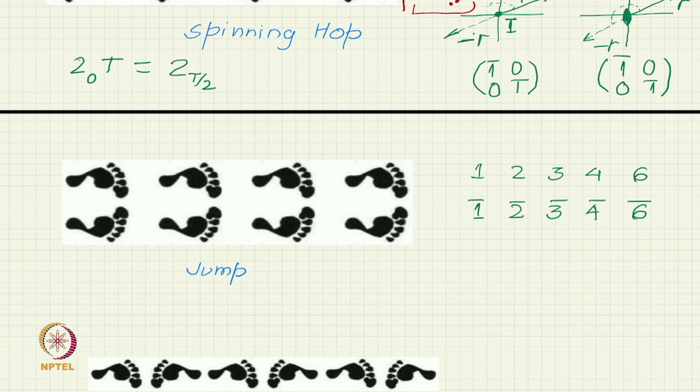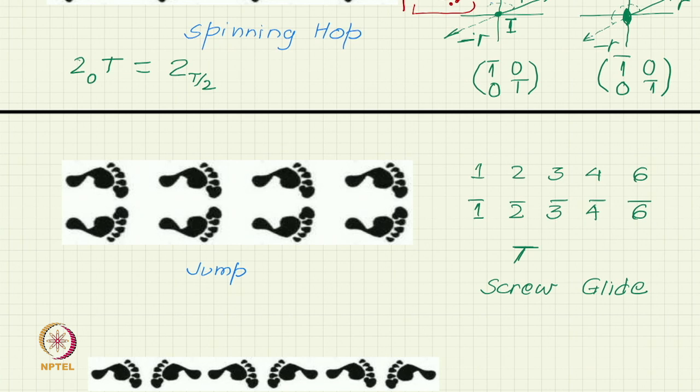And we said that of course there is translation. So this list is more or less complete, except for the fact that we have not considered screw and glide, which I have been mentioning here and there, but have been avoiding discussing.